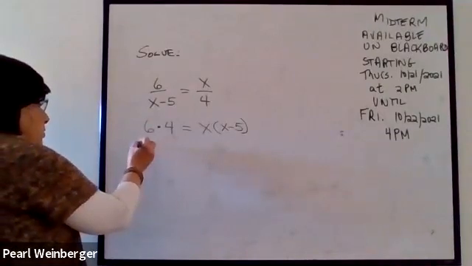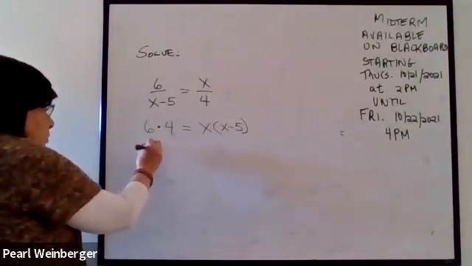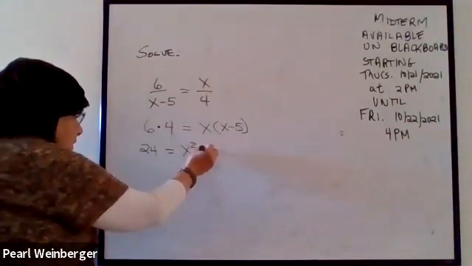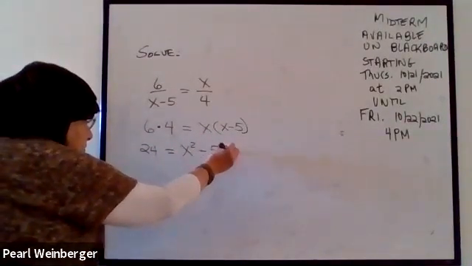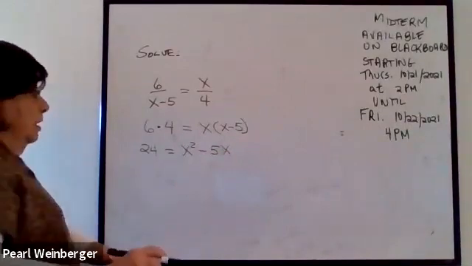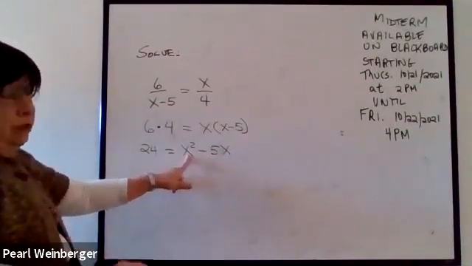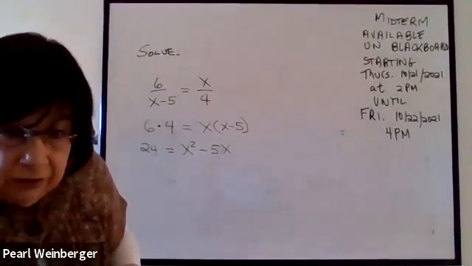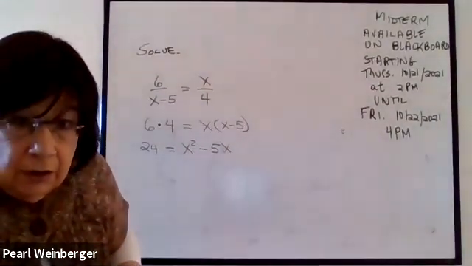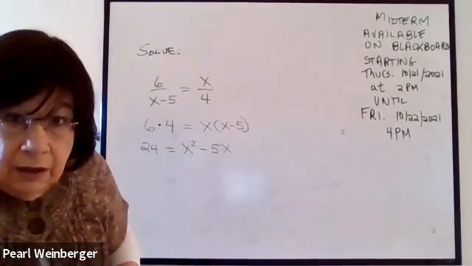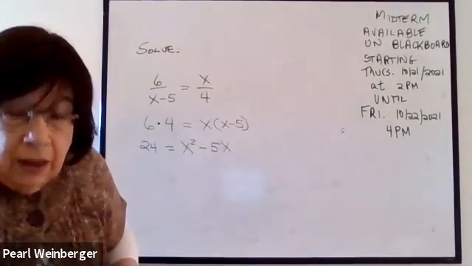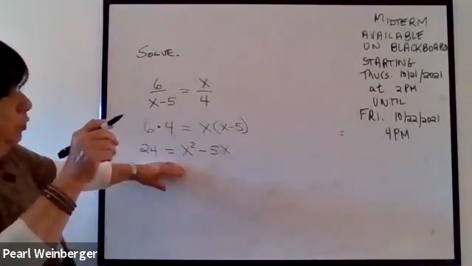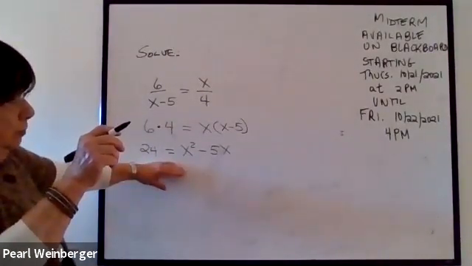Doing the multiplication, that gives me 24 equals x squared minus 5x. This is a quadratic equation now because we see that x squared. And when it's a quadratic equation, remember we want to get it equal to 0.